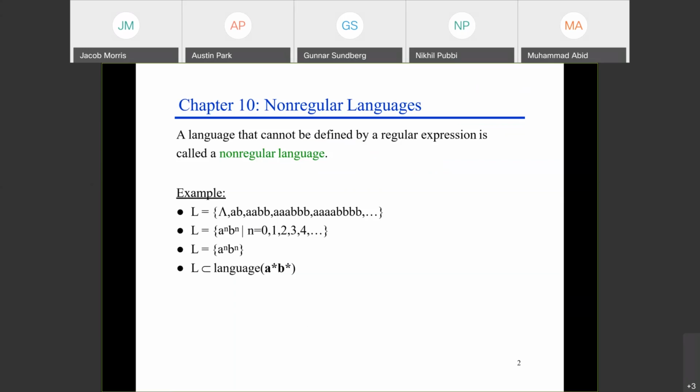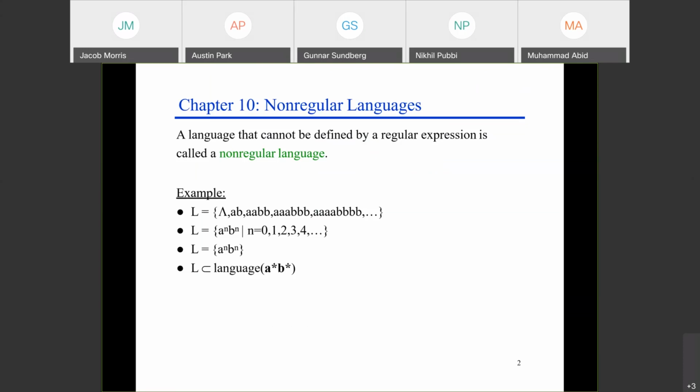So by looking at all these words, we can say that this language can accept lambda, and it is composed of only two letters, A and B, and A will always be in the leading position and B will always be in the following position. And you will always see a word start from A, end with B.